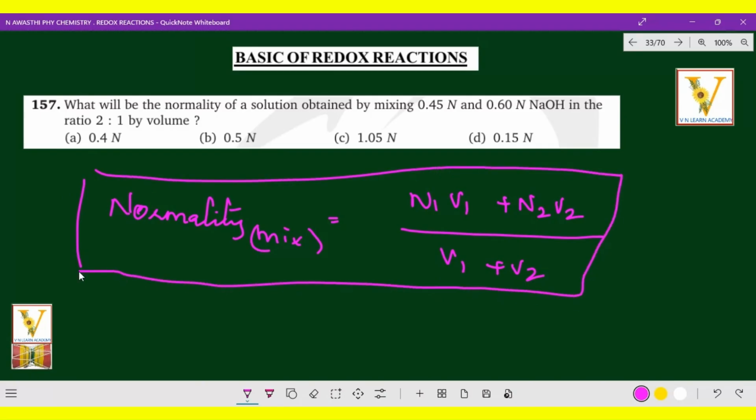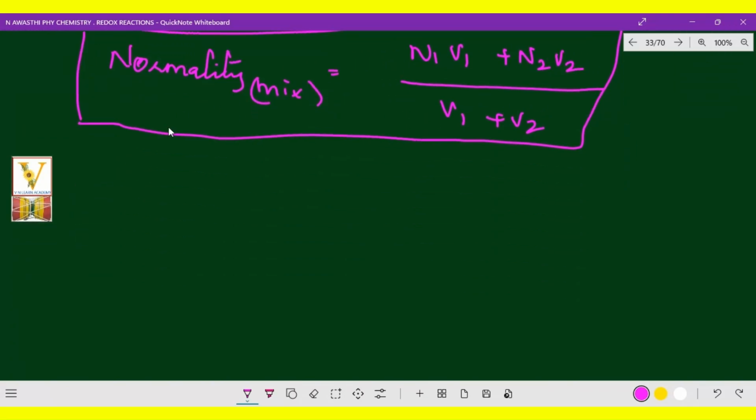So normality of the mixture equals N1V1 plus N2V2 by V1 plus V2. They have given the normalities of sodium hydroxide, and in volume the ratio 2 is to 1. Let us identify N1 and N2.